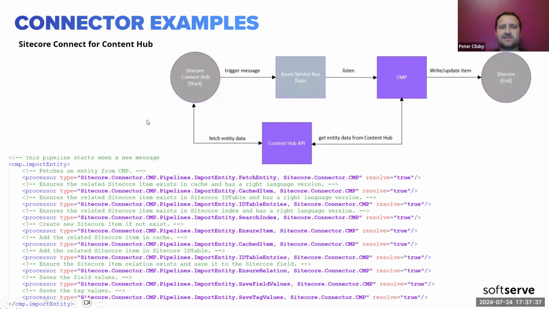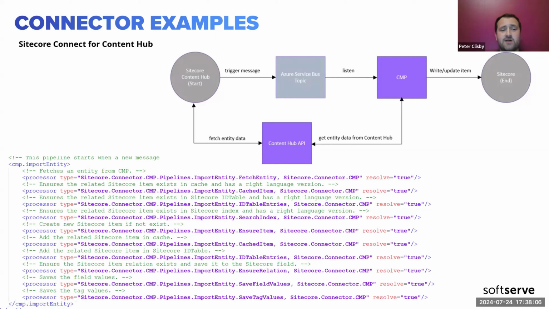And you can see this flow here from the architecture diagram, where it's pushing a message to an Azure Service Bus topic using an action in Content Hub. That's then being listened to by the CMP connector within Sitecore, and that connector will then, based on some pipelines, which you can see here, and all of those pipelines will be written in the Web Client SDK.